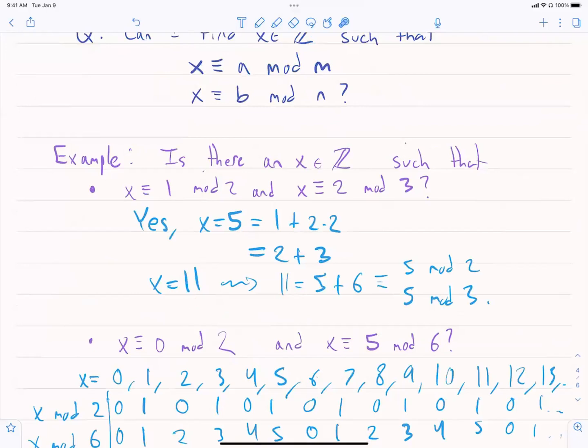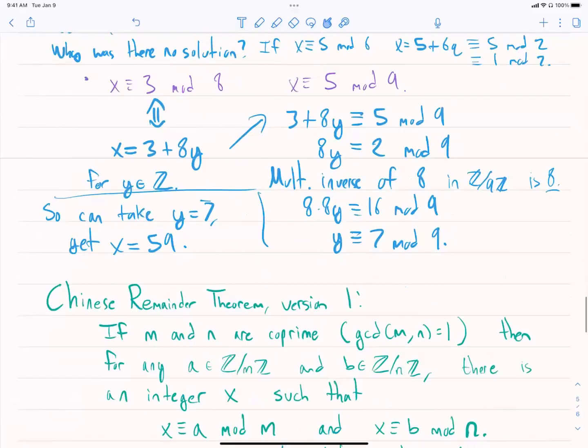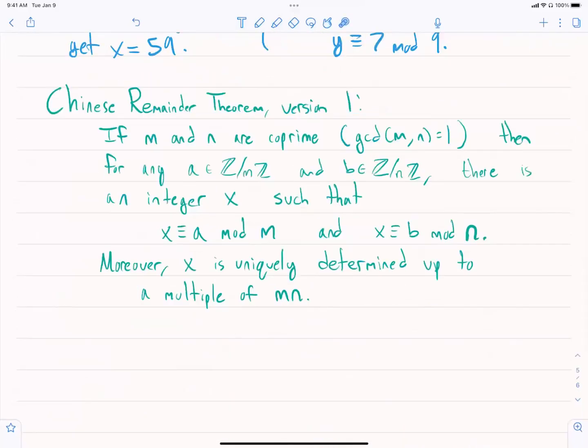So here, that 6 was coming from 3 times 2. And the same thing is true in general. So if the GCD is 1, you can always solve such a congruence. You can always find an integer x that satisfies both these things.